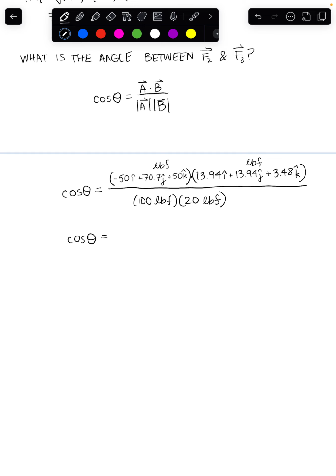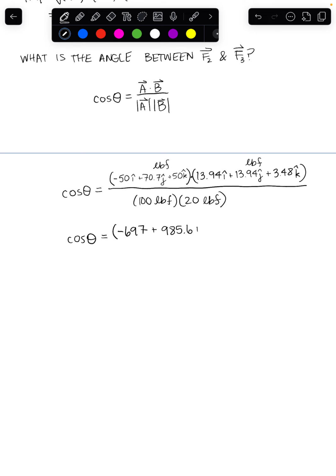Now let's do our dot product. So remember, dot product, we're going to multiply each of the x components together and then add each of the y components and then add each of the k components. So let's write that here. So we've got negative 50 times 13.94 is negative 697, and then plus 70.7 times 13.94 is 985.6.